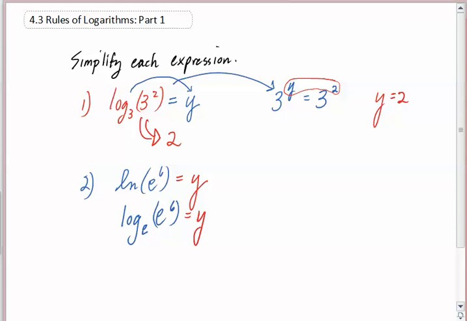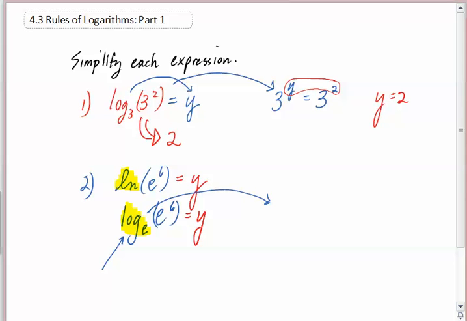Let me highlight this right here. Natural log is just this. So if you are a very visual learner like I am, then this might be a great way to look at these, because then I could rewrite this in exponential form really easily.